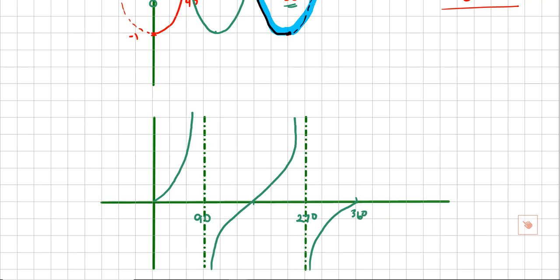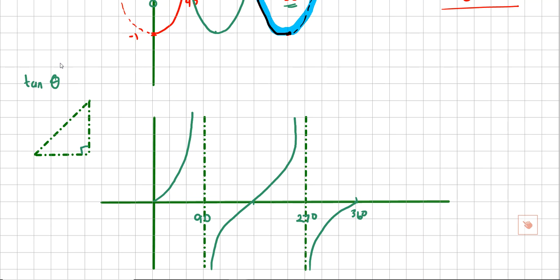Trigonometry, which deals with triangles. Trigonometry only deals in what type of triangles? Right angle triangles.